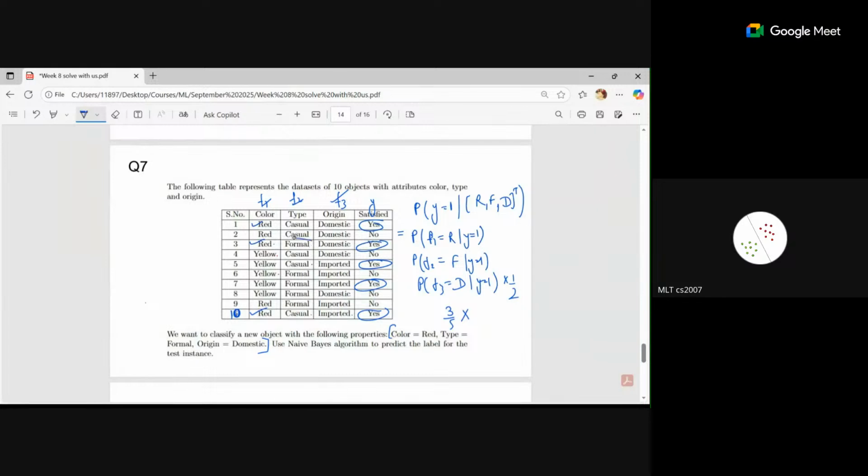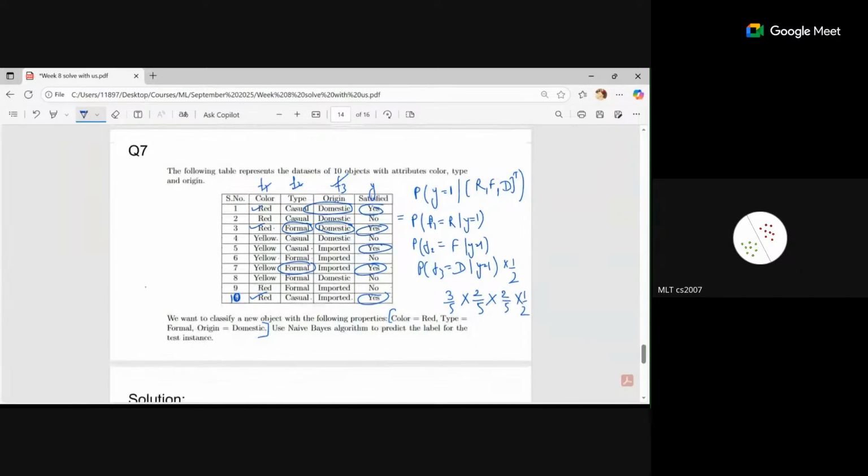So 1, 2, 2 by 5. How many f3s have d? So this is 1, 2, 2 by 5, times 1 by 10. Okay. So what do you get? You get 3 times 2 times 2, 12, divided by 125 times 2, which is 250.